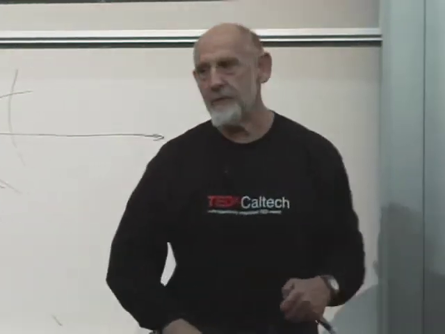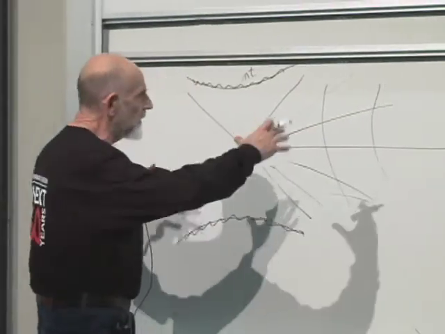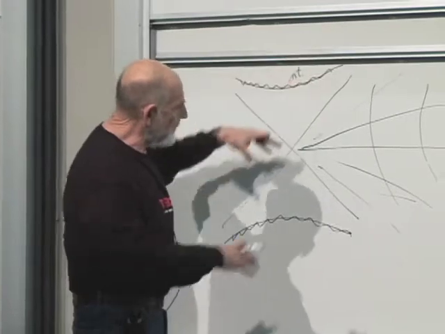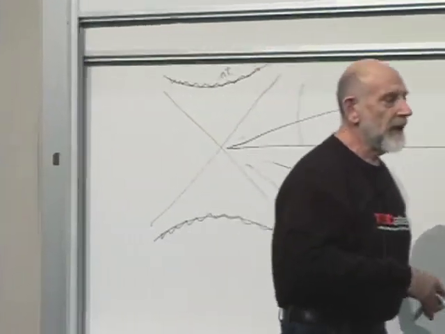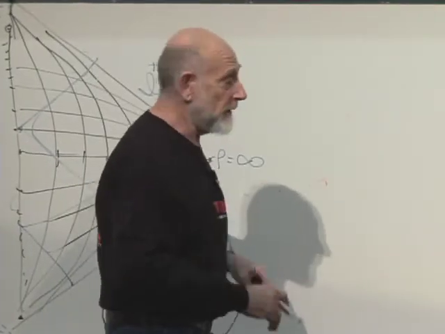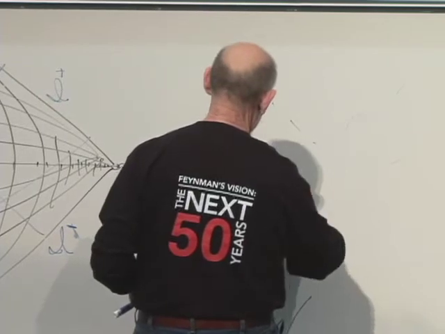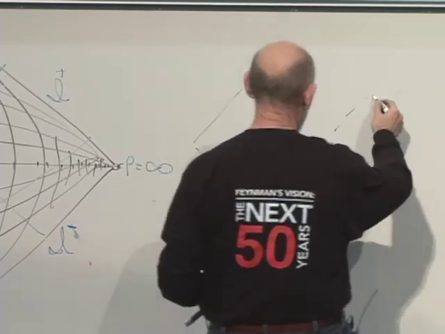So let's ask what happens if we squish this. We're going to do the same kind of squeezing to get everything onto the finite plane. And I'm just going to draw it for you. I'll show you what it looks like. You'll recognize it pretty fast. Let's see. I need some guidelines to do it with.